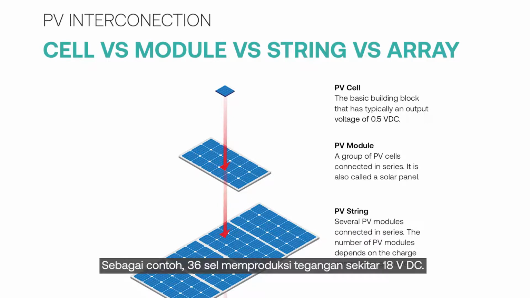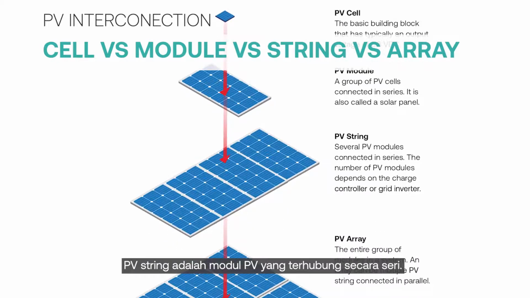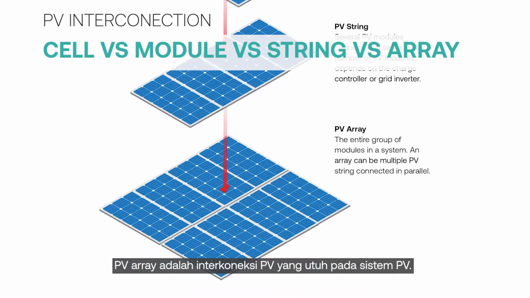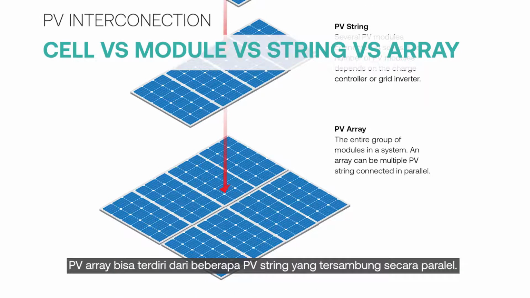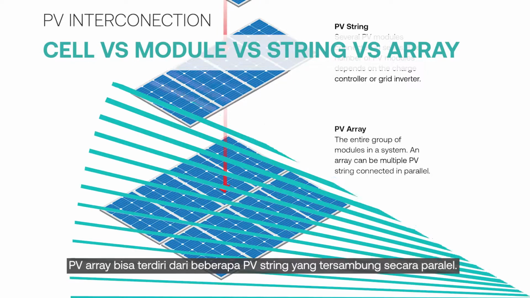For example, 36 cells produce a voltage of about 18 volts DC. Its capacity is expressed in Wp, or watt peak. A PV string is PV modules connected in series. A PV array is a complete PV interconnection in a PV system. It can consist of several PV strings connected in parallel.